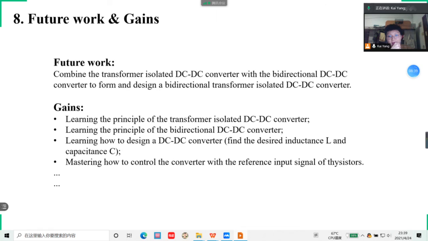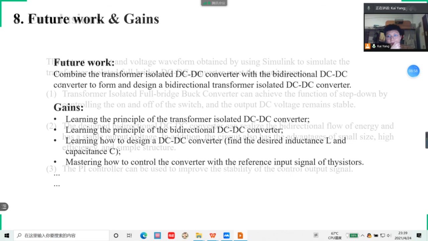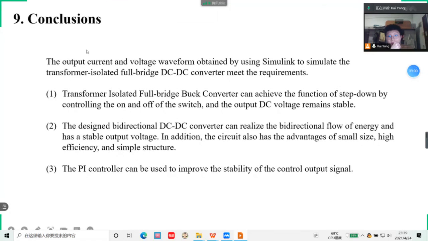And we have learned how to design a DC converter, from the formula to calculate the inductance and capacitance. And we also mastered how to control the converter with the reference input signal of the resistors, and so on. And these are our conclusions in this project.